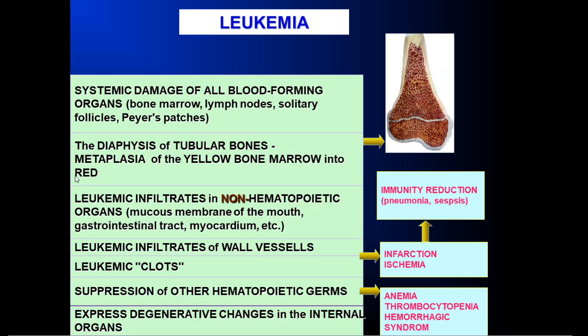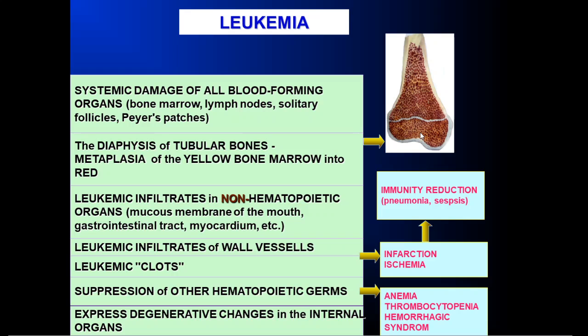So, next one feature. The diaphysis of tubular bones has a metaplasia of the yellow bone marrow into the red bone marrow. So here you see the picture. So bone marrow, classically red bone marrow, we have only in the center part of the bone, and here usually yellow bone marrow, but right now you see metaplasia, yellow into the red.